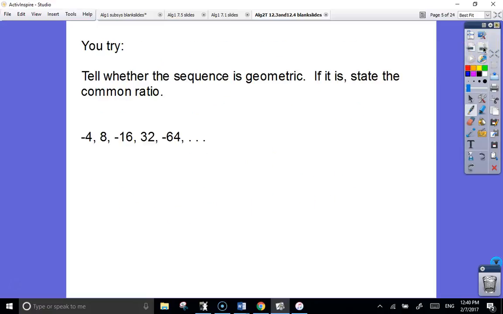So tell whether the sequence is geometric, and if it is, state the common ratio.